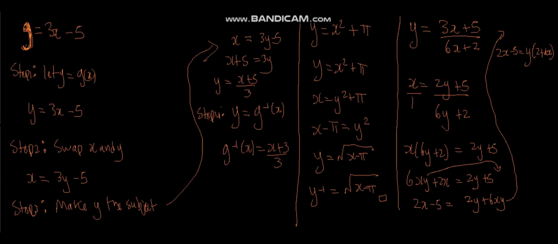So therefore y is equals to 2x minus 5 all over 2 plus 6x. So therefore y inverse is equals to 2x minus 5 all over 2 plus 6x.